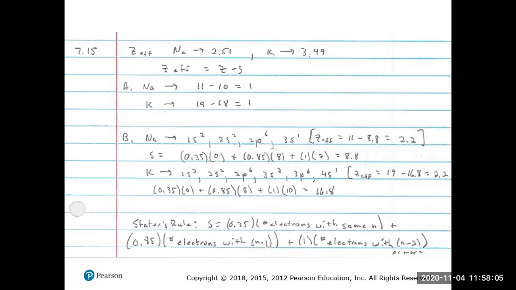Then we look at the number of electrons with n-1. In this case, we have 6 3p electrons and 2 3s electrons, so we have a total of 8 electrons in the 3 level. So it's 8 times 0.85 for that contribution. And then finally, in the n-2 or more levels, we have the 1 level, and we have 2 electrons in the 1s group.